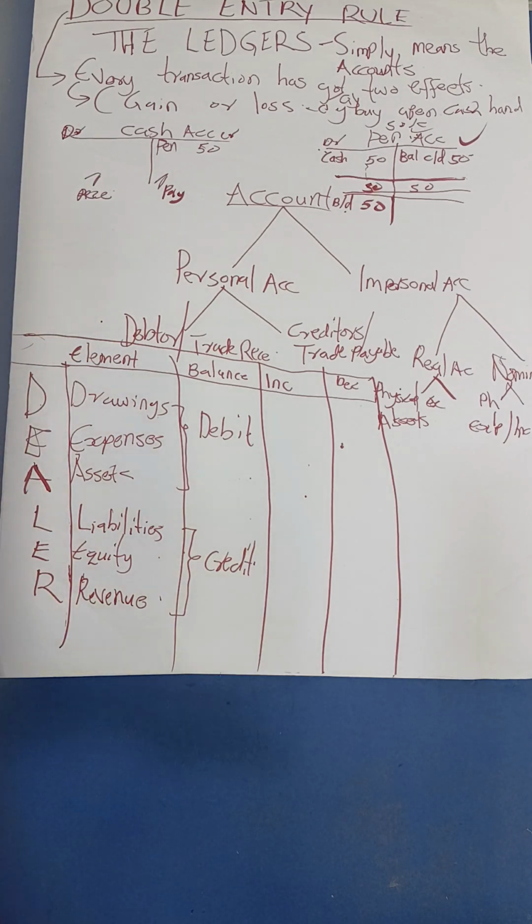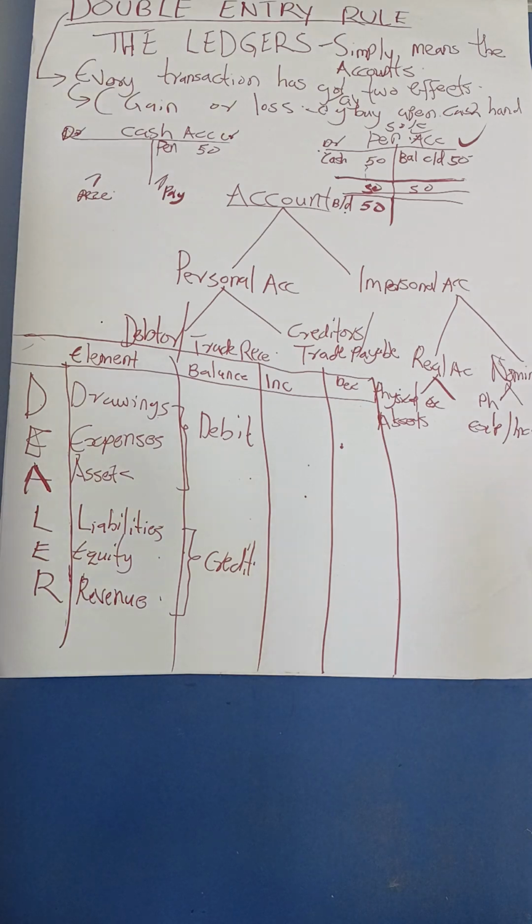Going forward, you'll realize the liabilities, equity, revenue in most organizations will always have a credit balance, meaning they have a high amount on the CR side compared to the DR side.